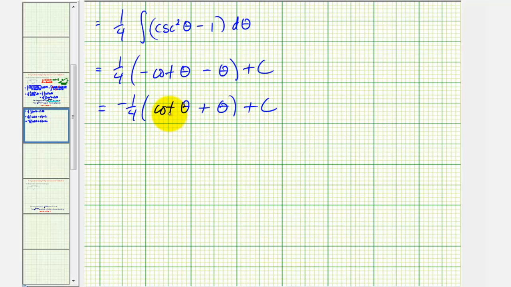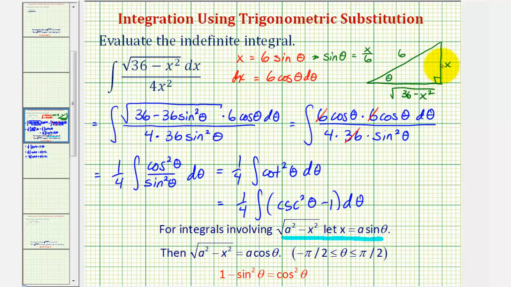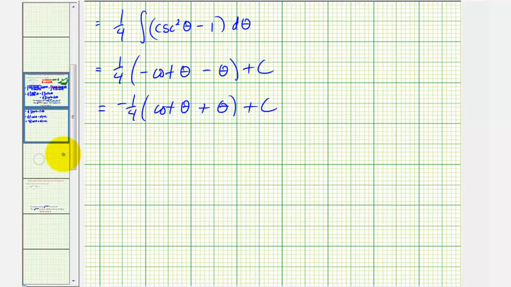So now we'll perform a substitution for cotangent theta as well as theta, which will require an inverse trig function. So going back to our reference triangle, cotangent theta would be equal to the ratio of the adjacent side to the opposite side, which would be the square root of 36 minus x squared divided by x. Let's perform that substitution first. And then for theta, we'll use an inverse trig function.